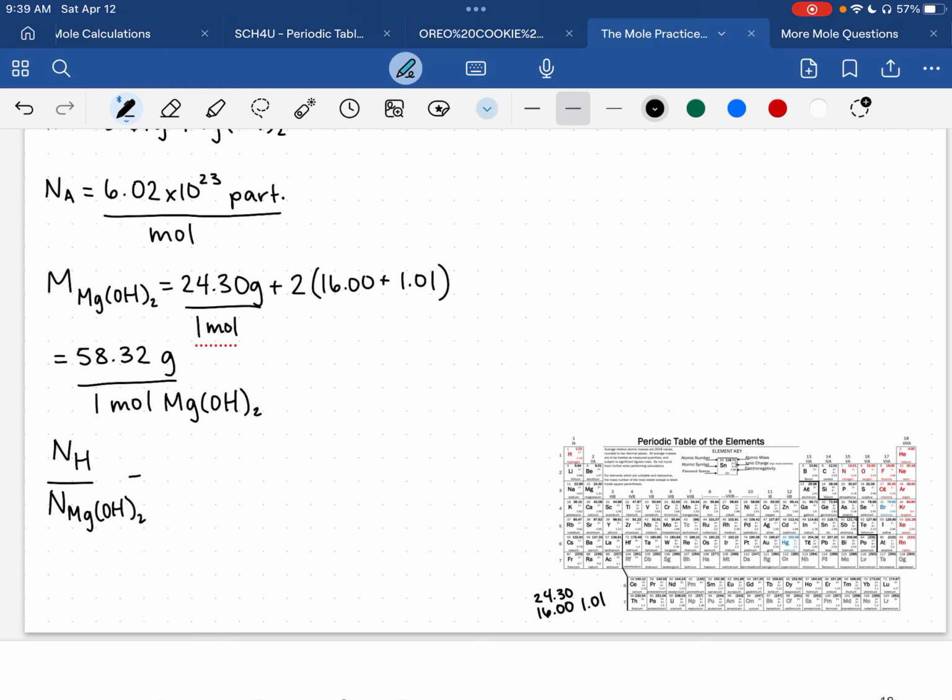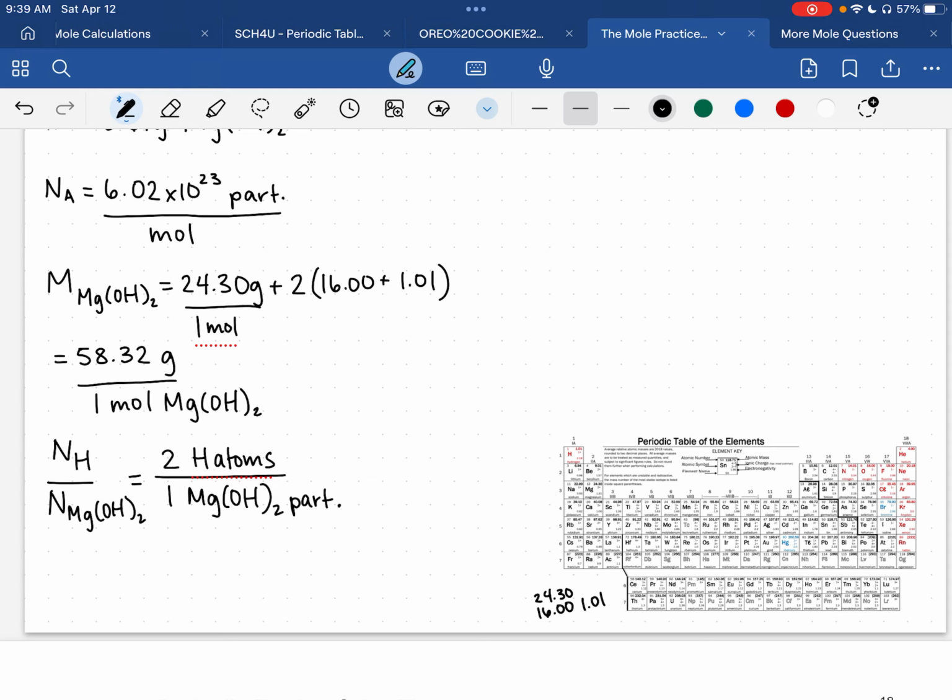I don't always write this as a fraction over here. But I have, sorry, not one, what's wrong with me? Two hydrogen atoms per 1 Mg(OH)2 particle.